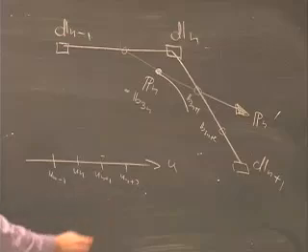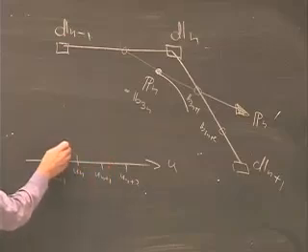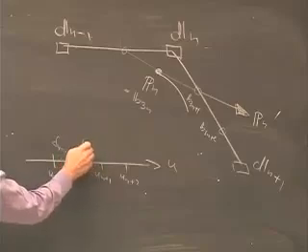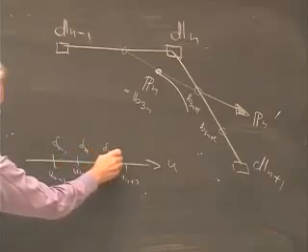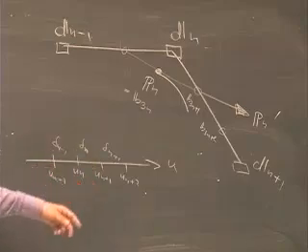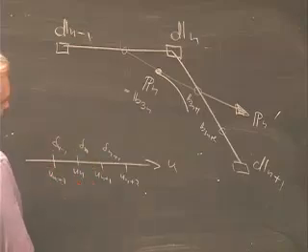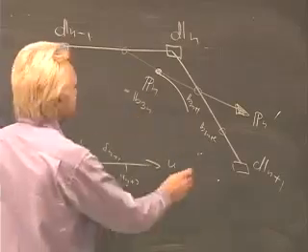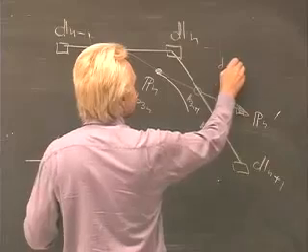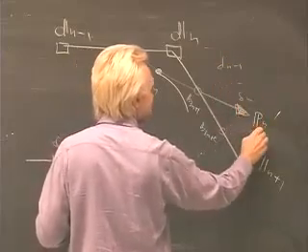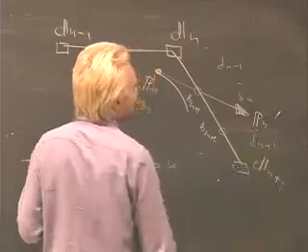So the corresponding distances or lengths are delta n minus 1, delta n, and delta n plus 1. Where do we find the ratios of these three? Well, we find them up here. This is a ratio delta n minus 1 to delta n to delta n plus 1 in that figure.